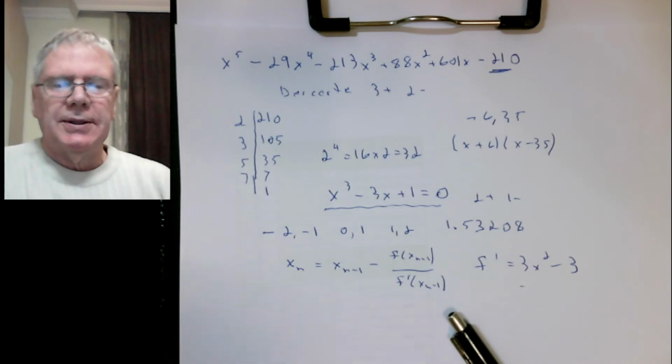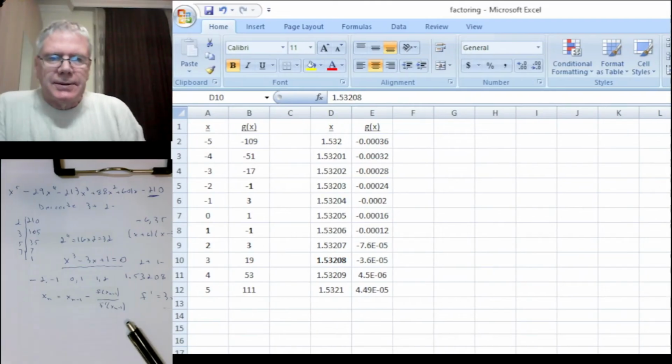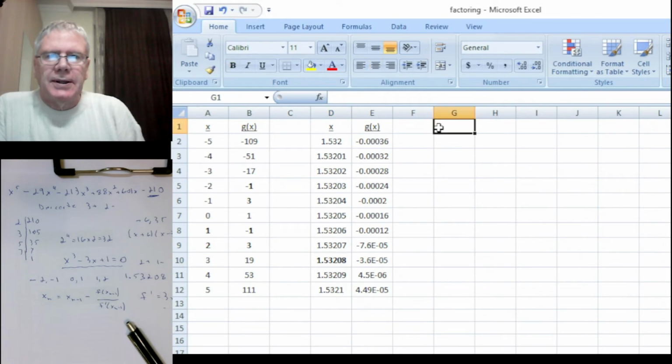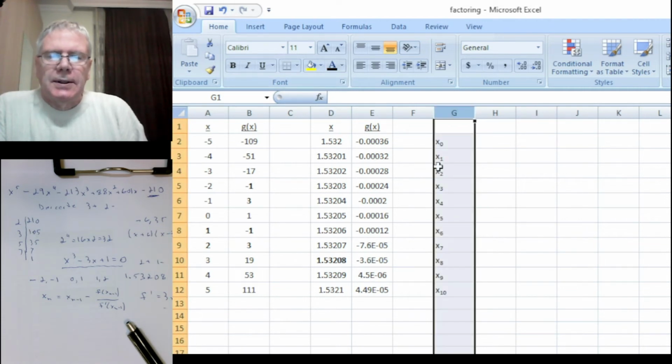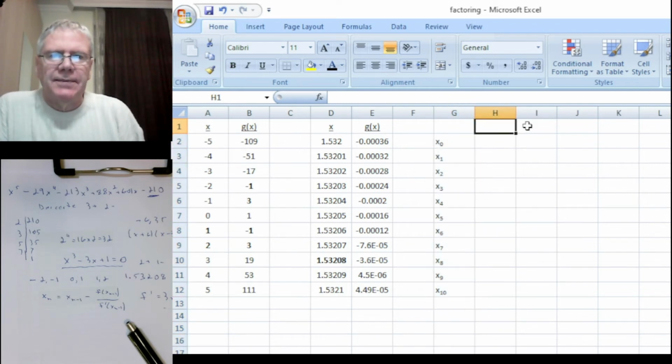And we can do this on the spreadsheet now too. So we have on the spreadsheet here, these are my iterations. This is going to be my first value, and then I'm going to calculate my subsequent values, and the longer I do this, the more accurate I will get.